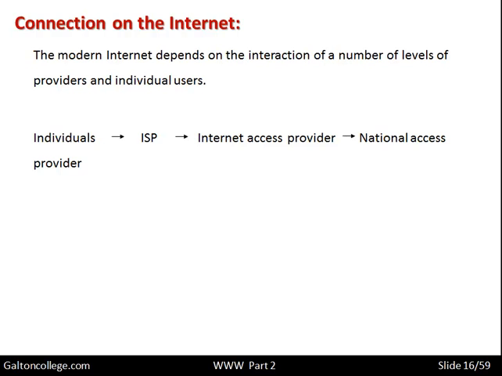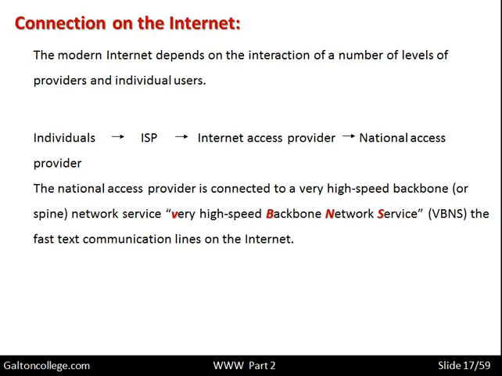So there are various players, if you like, on the internet, starting with us as individuals, going through ISPs and getting access to the national providers in that way. The National Access Provider is connected to a very high-speed backbone.